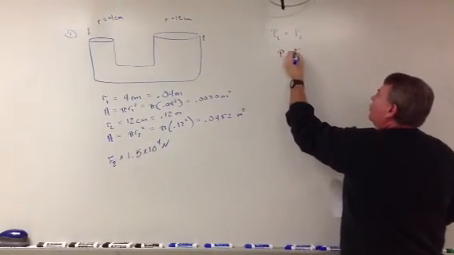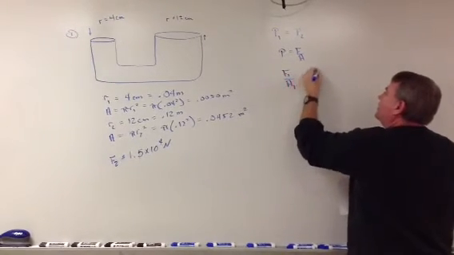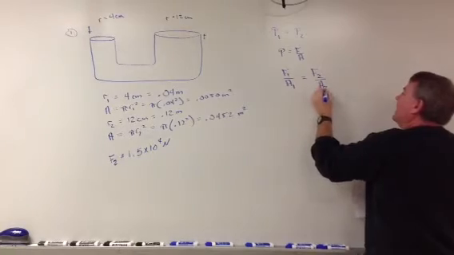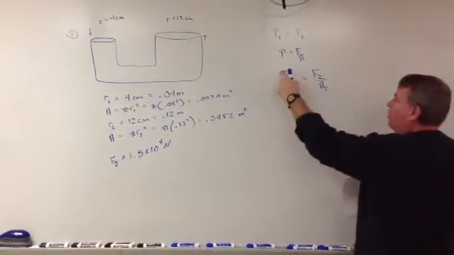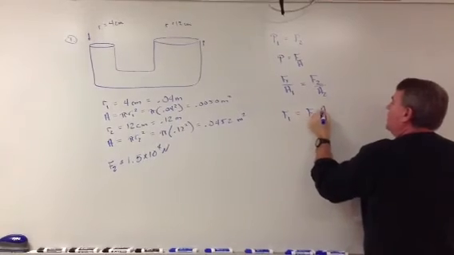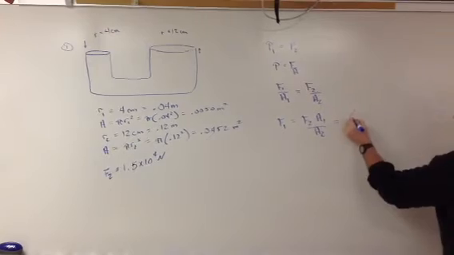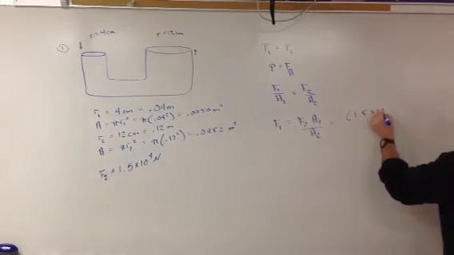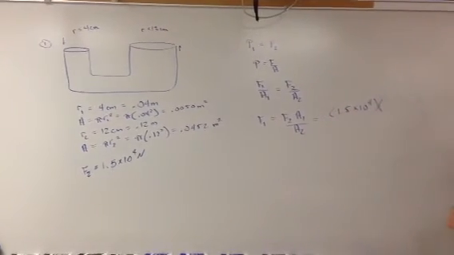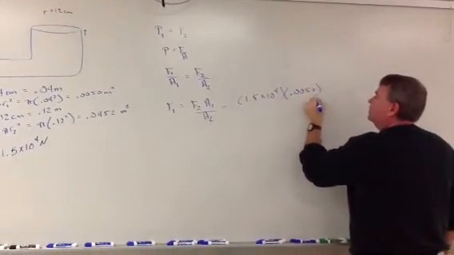Pressure is equal to force over area. So F1 over A1 is equal to F2 over A2. We're solving for F1. So F1 is going to be equal to F2 A1 divided by A2. F2 is 1.5 times 10 to the 4th newtons. A1 we determined to be 0.0050.